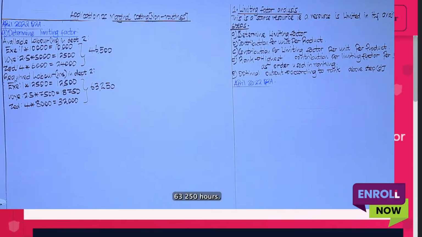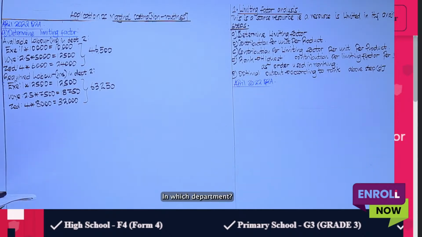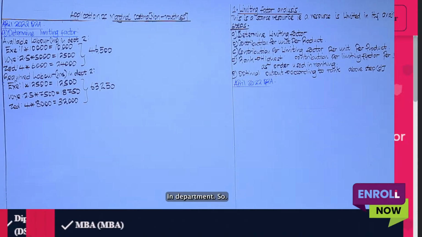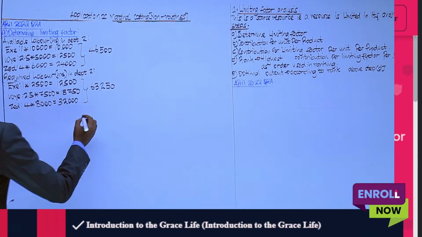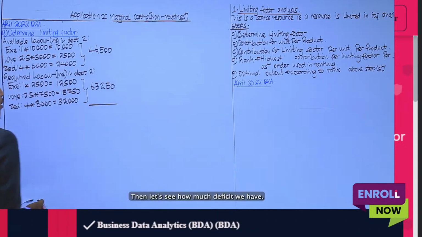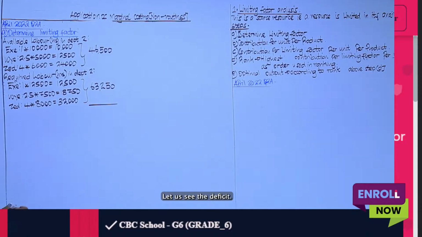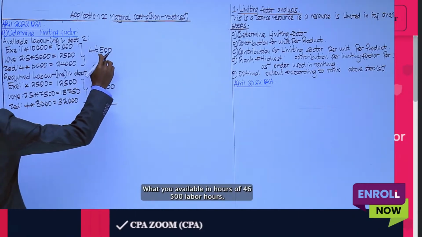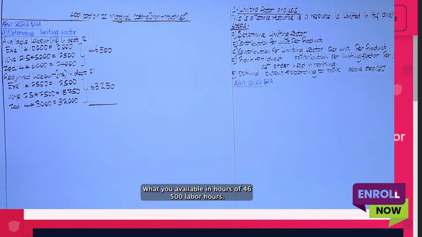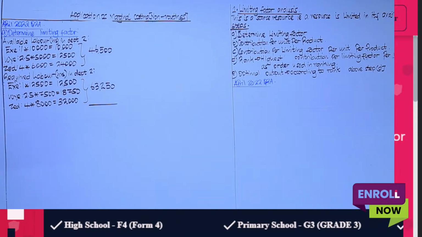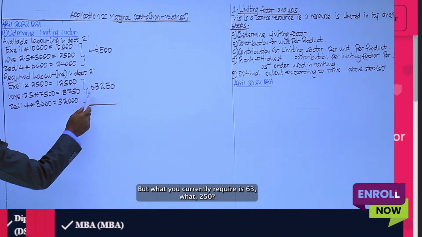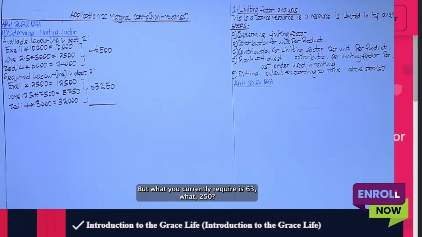63,250 hours in Department 2. And let's see how much deficit we have. Let's see the deficit. Available labor hours are 46,500 labor hours, but what you currently require is 63,250.